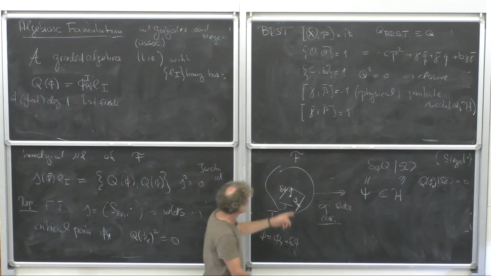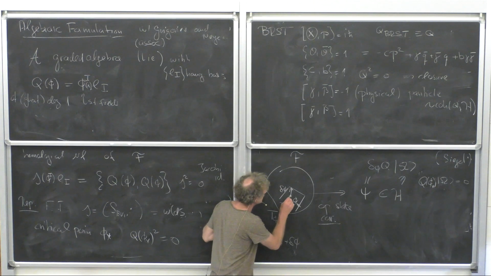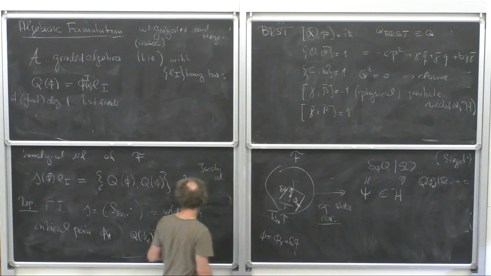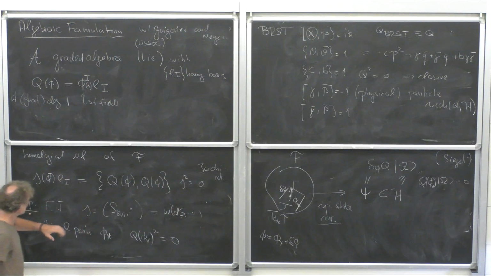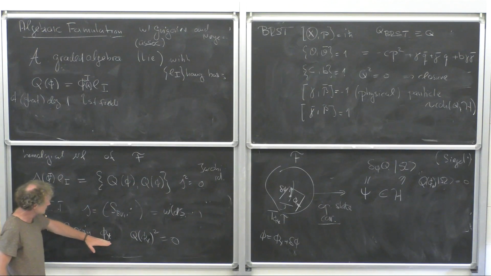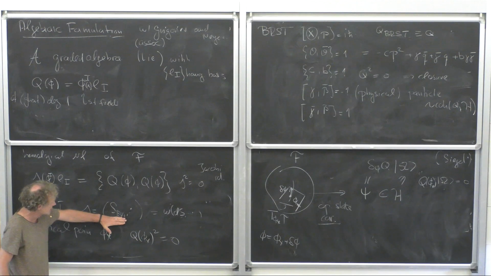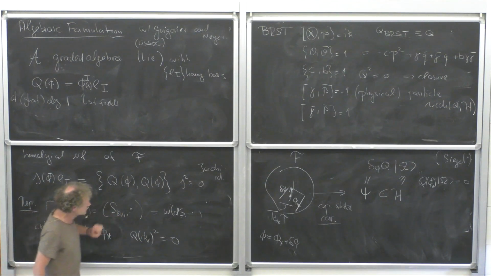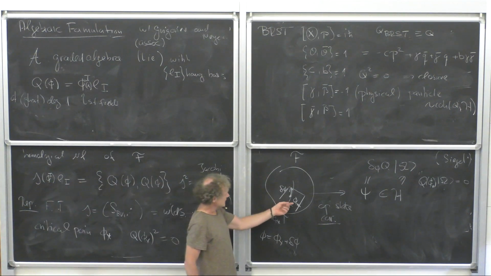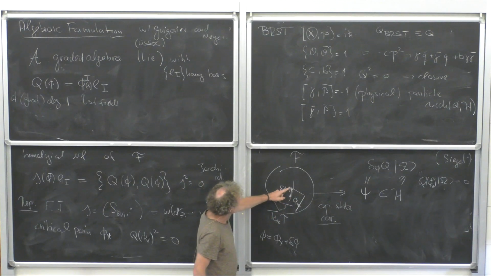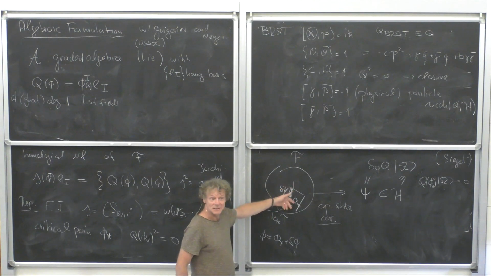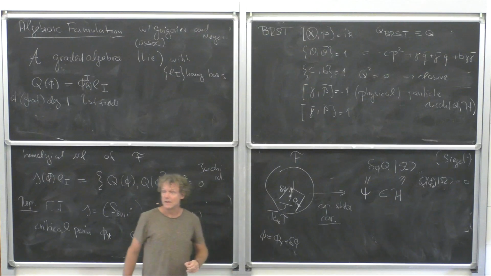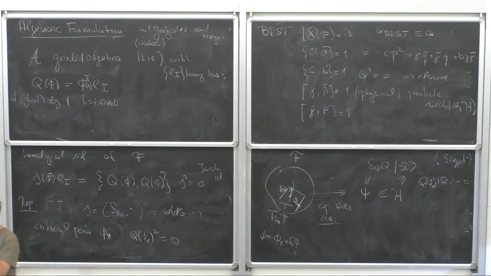So basically you take a solution of the linearized equation. Remember, Q squared equals 0 at phi star means the action has a stationary point, the first derivative vanishes, and then you ask about the second derivative. That's the variation around this point, and these are the linear excitations.